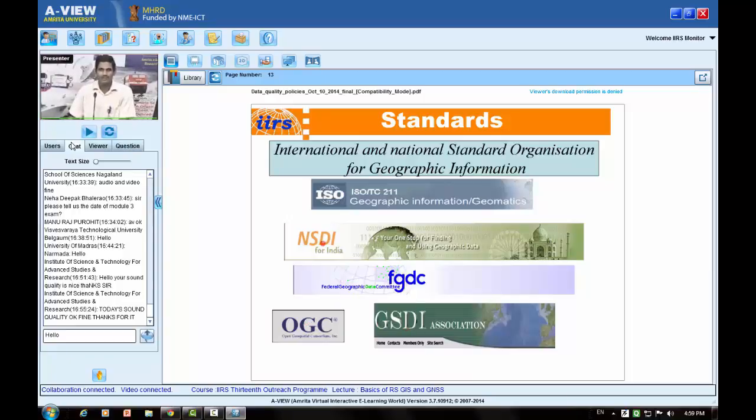And then before OGC, there is also GSDI, the Global Spatial Data Infrastructure. The national spatial data infrastructure is used for a particular country. So GSDI also provides the standards at the world level.